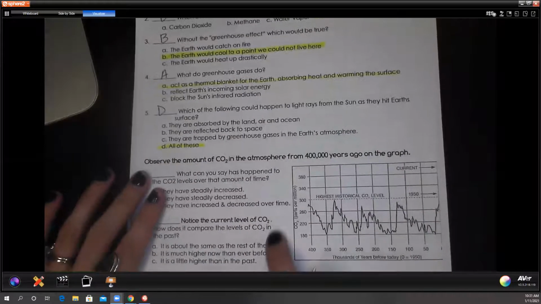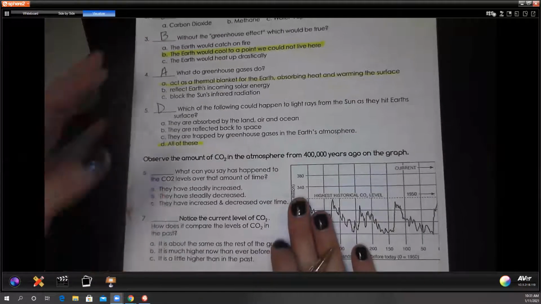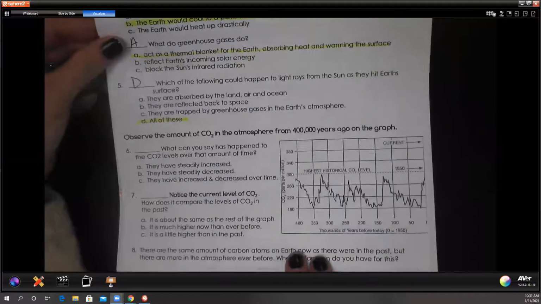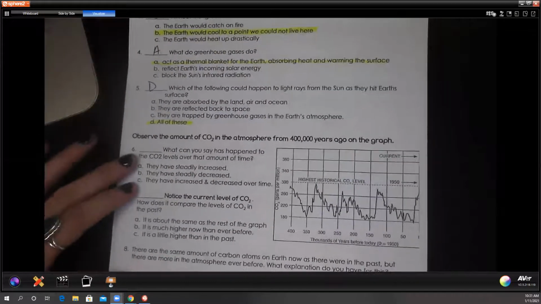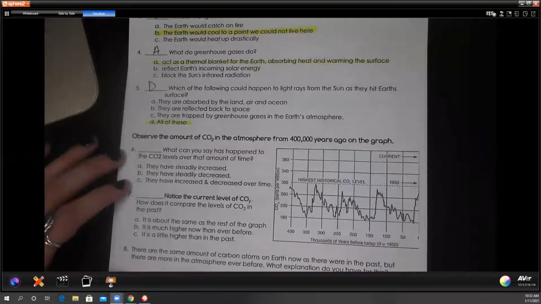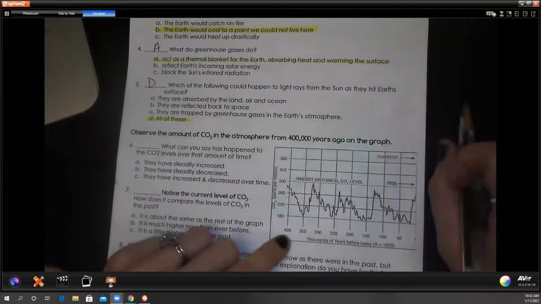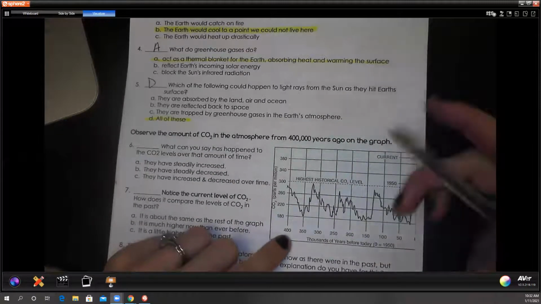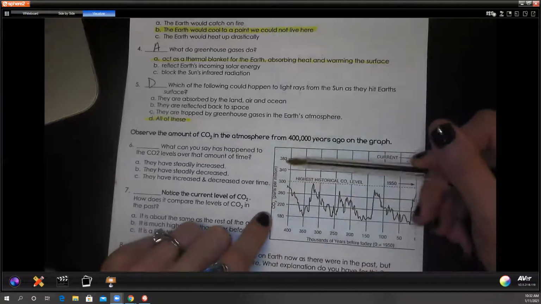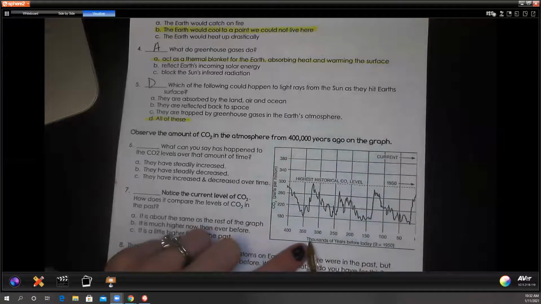All right, so this part is all based on the graph. Observe the amount of carbon dioxide in the atmosphere from 400,000 years ago on the graph. So let's try to understand what our graph says, right? This is the amount of carbon dioxide, and on this side I have the amount of thousands of years ago before today.